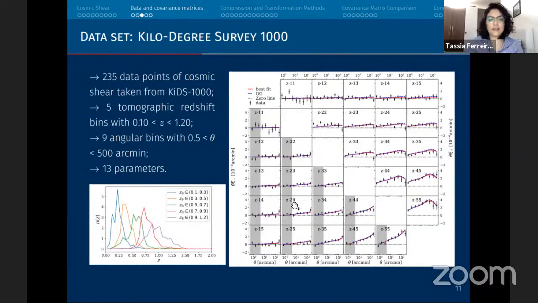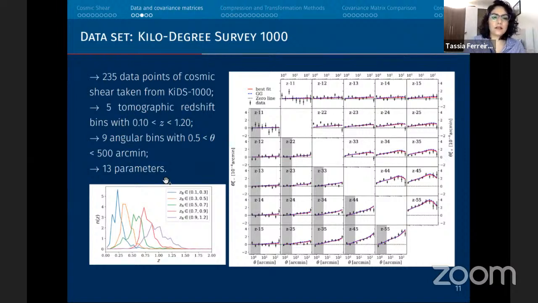The second data set is the one from the KiDS-1000 survey. Again, we're only considering cosmic shear. It has 237 data points, after the scale cuts as well, and it's very similar to the DES one.